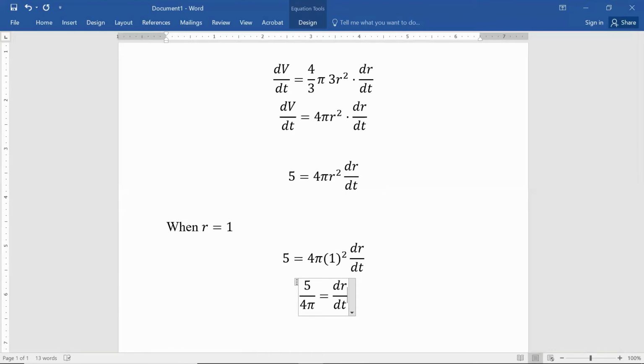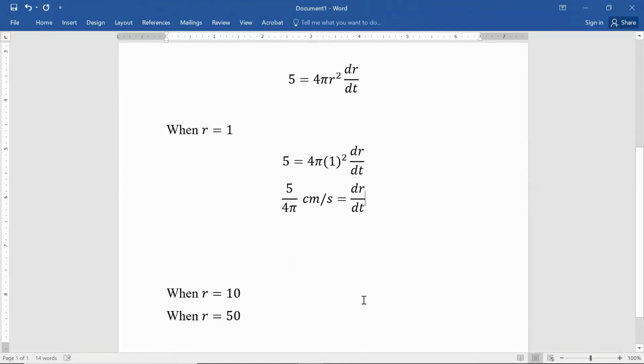If you follow through on the labeling, it is going to be centimeters per second. Moodle may ask you to round this number to a certain number of decimal places, whether it's 2 or 4 decimal places or something like that.